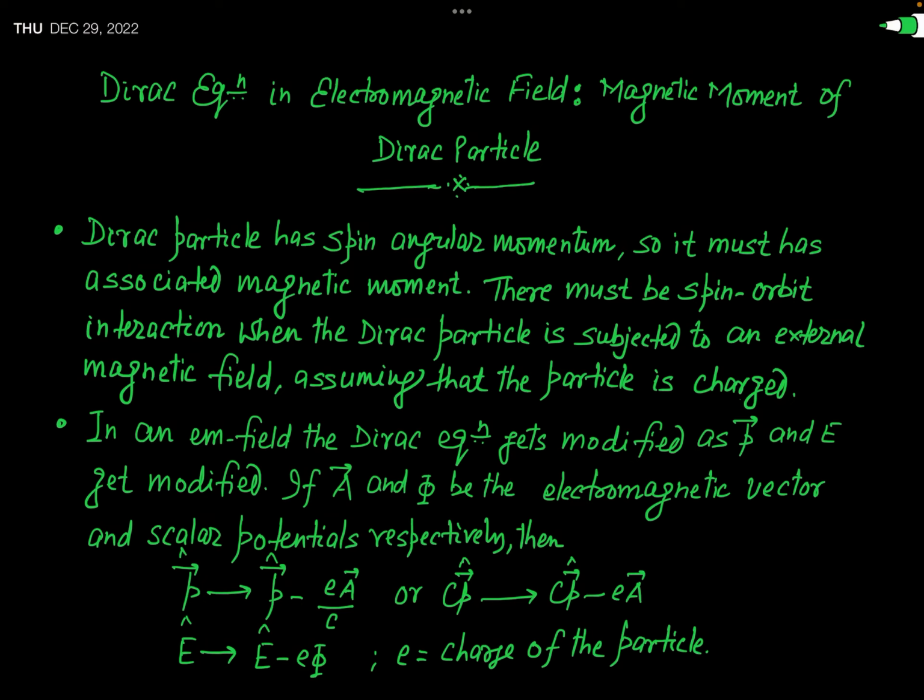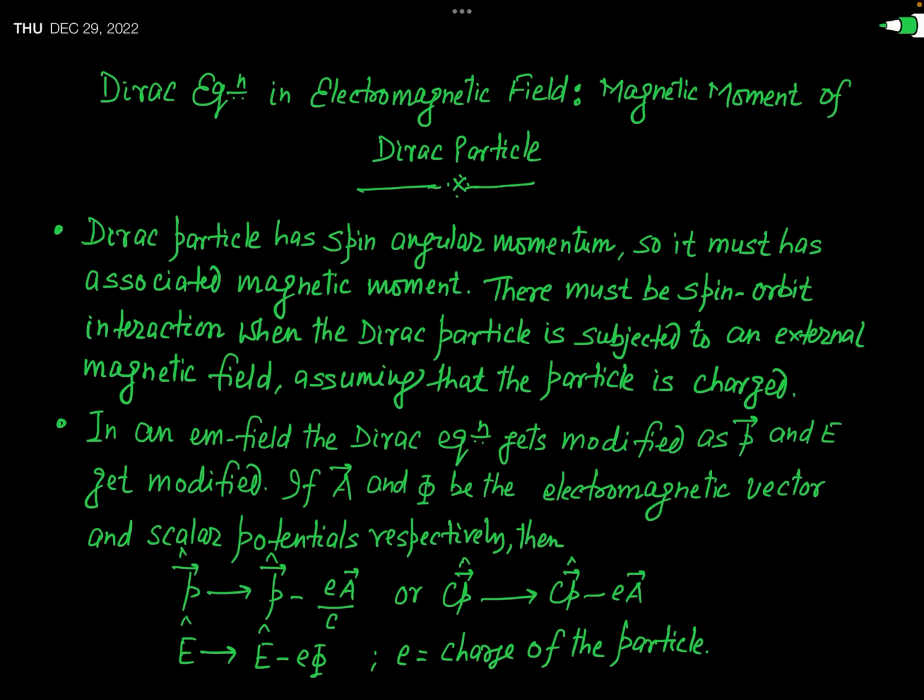So we will discuss now two important facts regarding this Dirac particle. In this video, you will see the discussion on the magnetic moment of the Dirac particle, and in the forthcoming lecture, just in succession, we will discuss the spin orbit interaction.